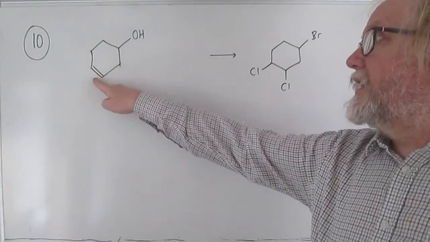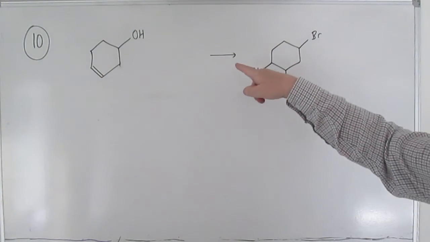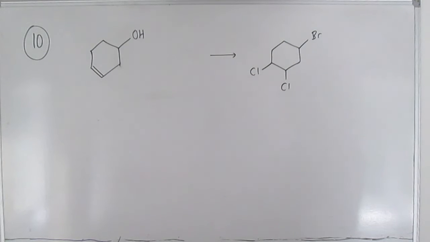And we've got to take this alkene group and add across it to put a chlorine at each end. And again, that's a reaction you should know well from when we did alkene chemistry earlier on. So we can just do those 2 reactions in sequence.